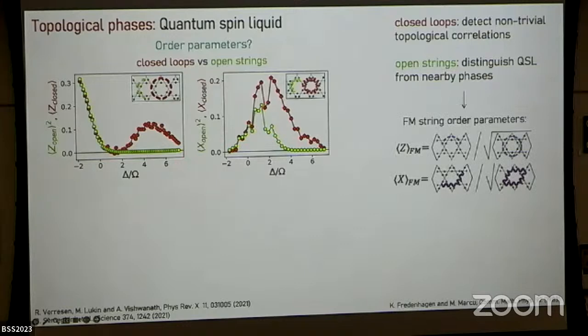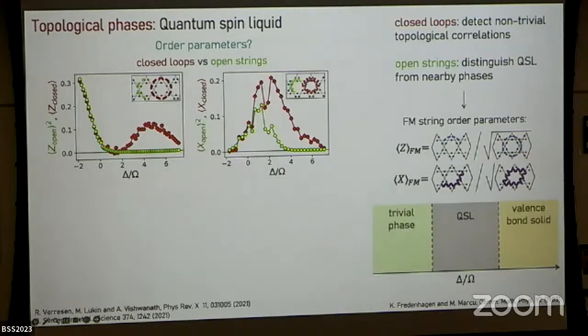A more quantitative way of looking at this is to define these string order parameters as the ratio of the expectation value for the open string over the square root of the expectation value of the closed string that is just twice the length. Okay. So these are the three phases that the theory predicts.